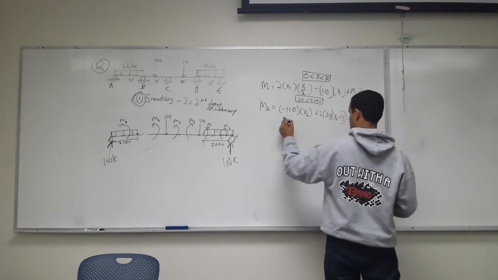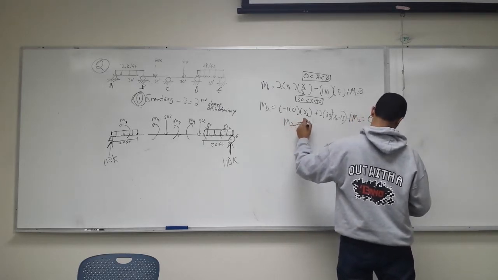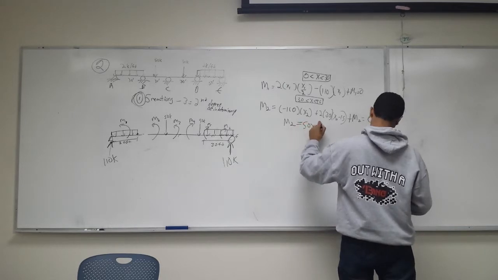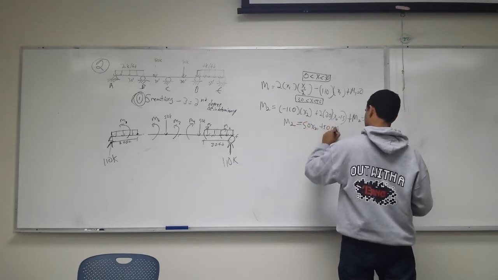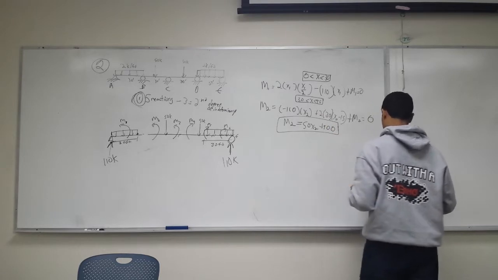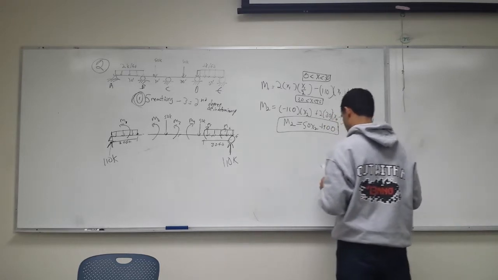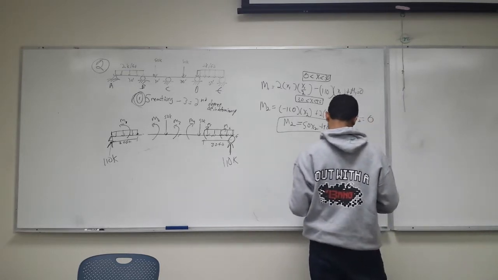When we put it in simplest form, m2 is 50x2 plus 900. That's our second moment expression for the real beam.